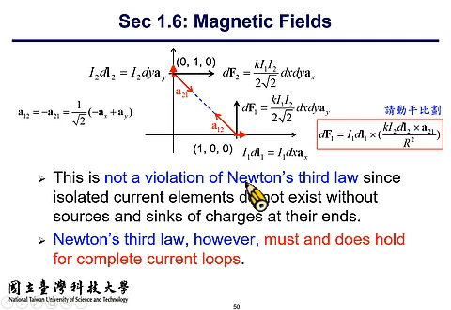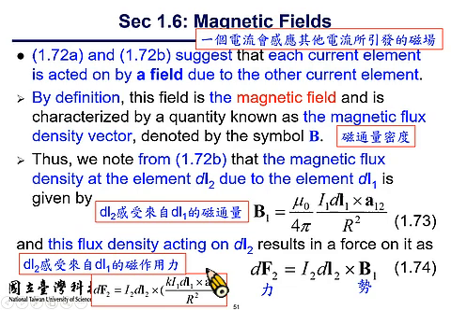You need to find the total magnetic force acting on a current loop from another current loop to get the correct observation. If you do that, Newton's third law is not violated. Newton's third law must and does hold for complete current loops.